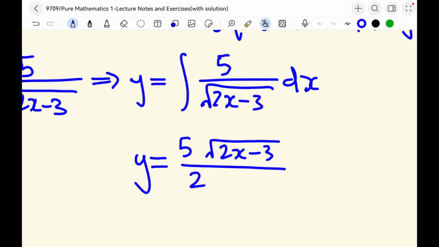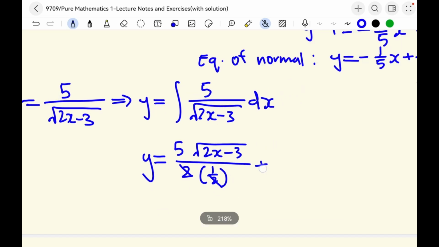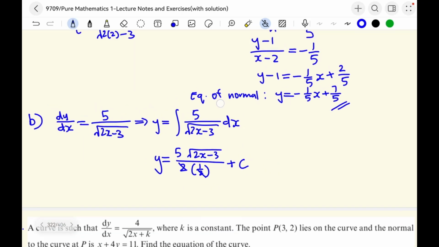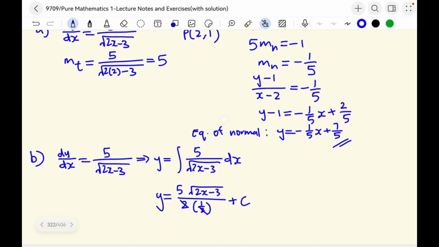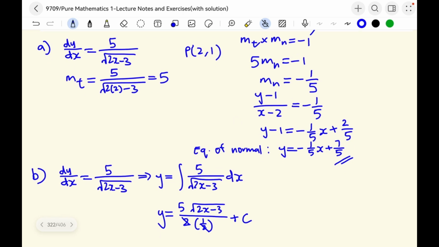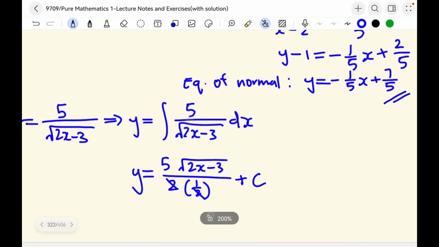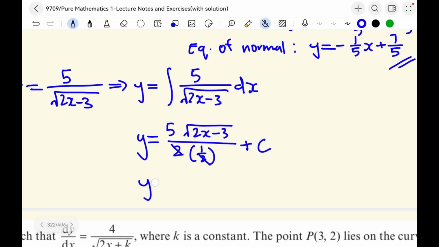It's 1 over 2, so you must divide by the power. So what you can see over here, the 2 and the 1 over 2 can be cancelled out. And don't forget the plus c, the constant. Since the point is given, which is (2, 1), integrate and simplify, you will get 5 times the square root of 2x minus 3, plus c.